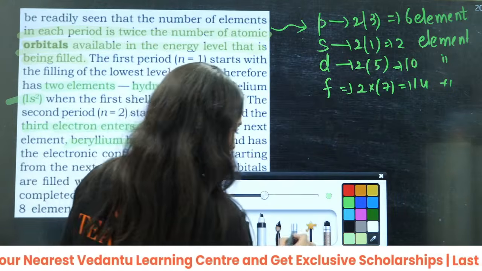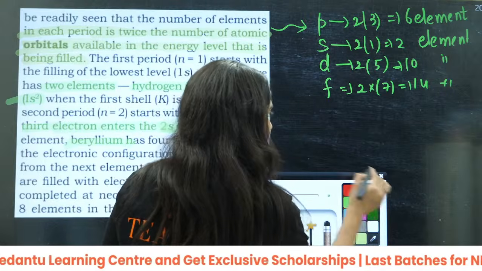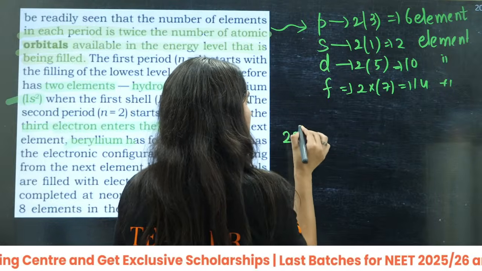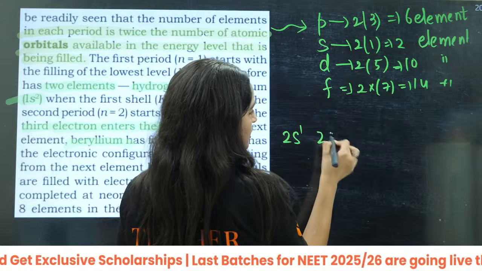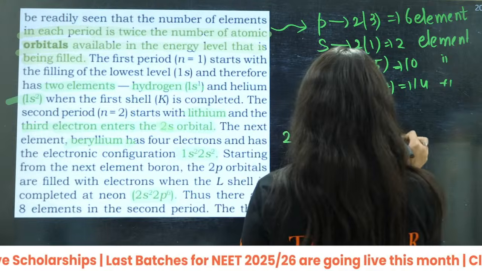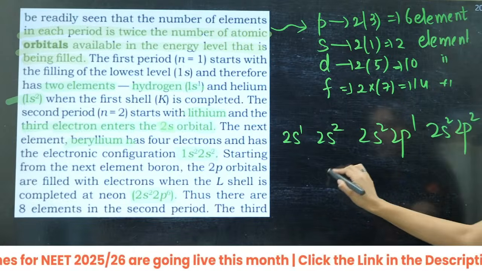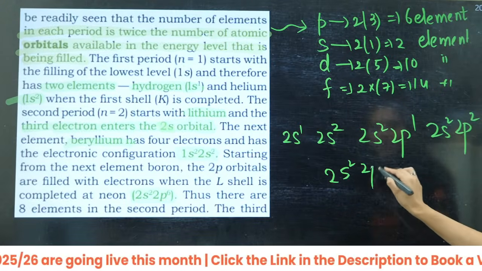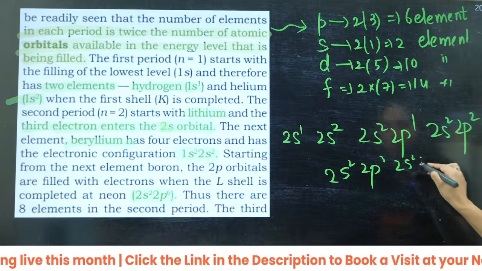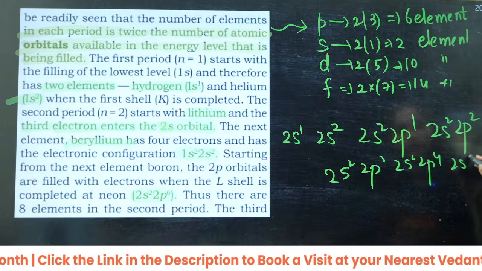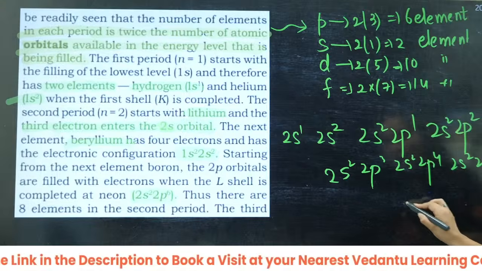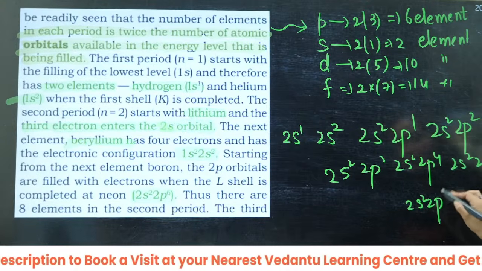From the second period, firstly it is 2s1, then it is 2s2, then it is 2s2 2p1, then 2s2 2p2 outermost, I am saying. Then it is 2s2 2p3, then 2s2 2p4, then 2s2 2p5, and the last is 2s2 2p6.